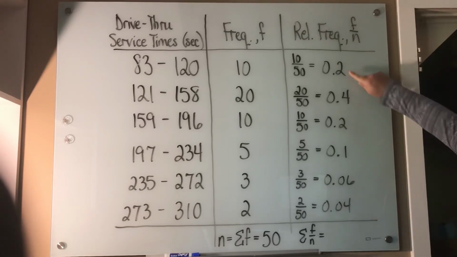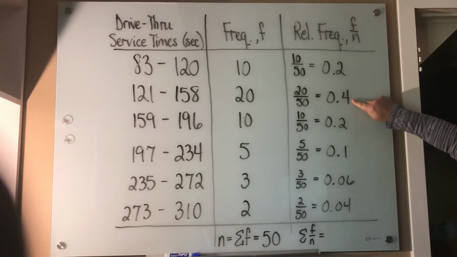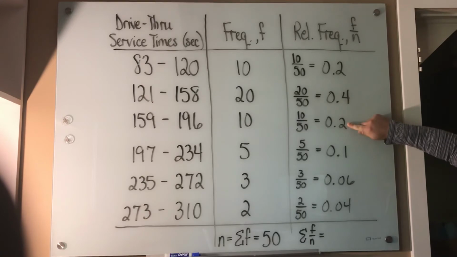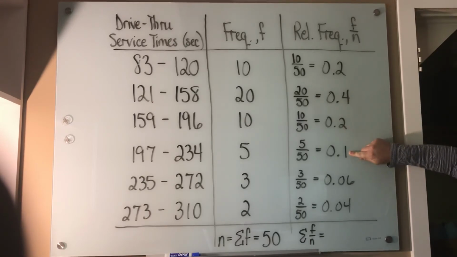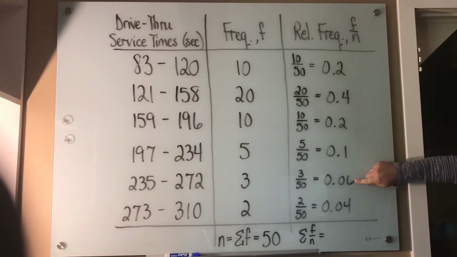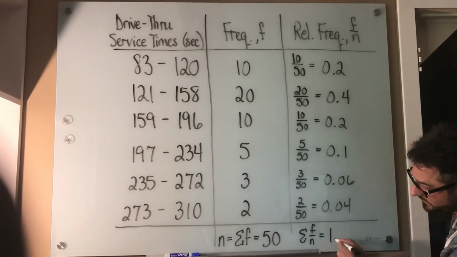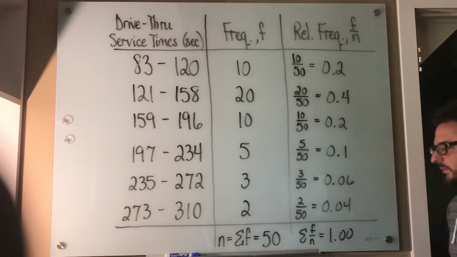Well, 0.2 and 0.4 is 0.6, and another 0.2 is 0.8, and 0.1 is 0.9. Plus 0.06 would give us 0.96, and then 0.04 more would give us 1.00. So, perfect. We got the right counting, we got the right relative frequencies, everything adds up the way it is supposed to.